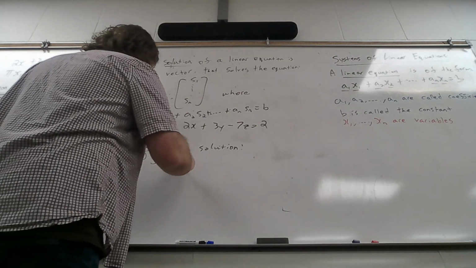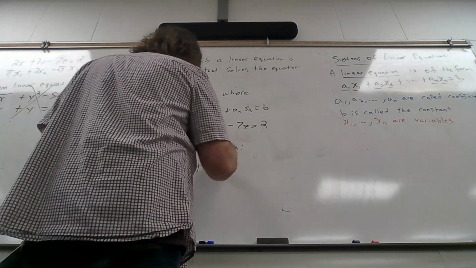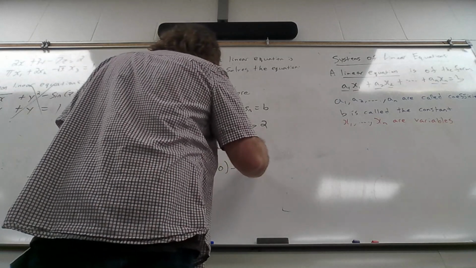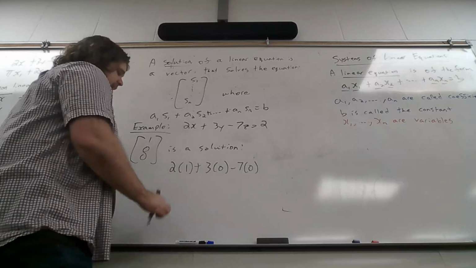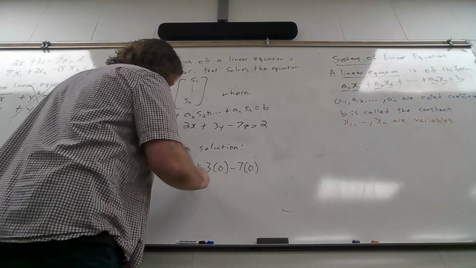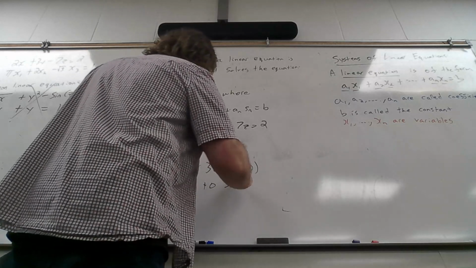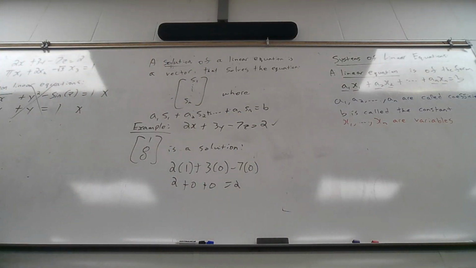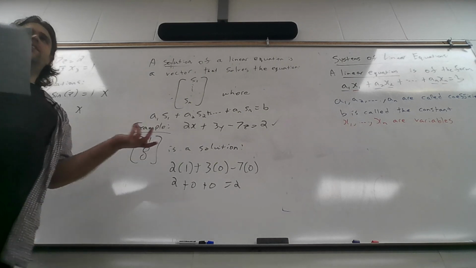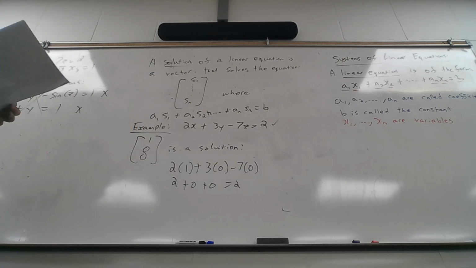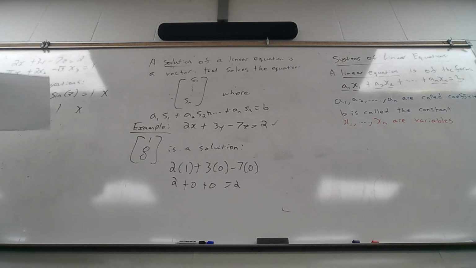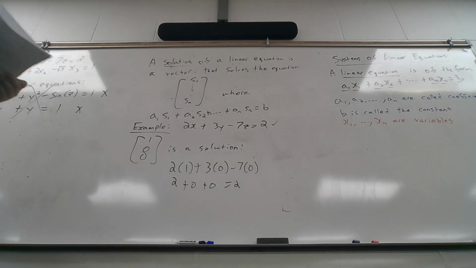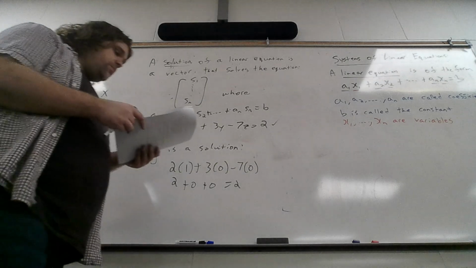So 2 times 1 plus 3 times 0 minus 7 times 0. What's that? 2 plus 0 plus 0, which is 2, which is what we want. So that's all we mean by a solution, which makes sense. We just plug the numbers in and it works. Same as what a solution means to anything else. I'm just writing it down formally.